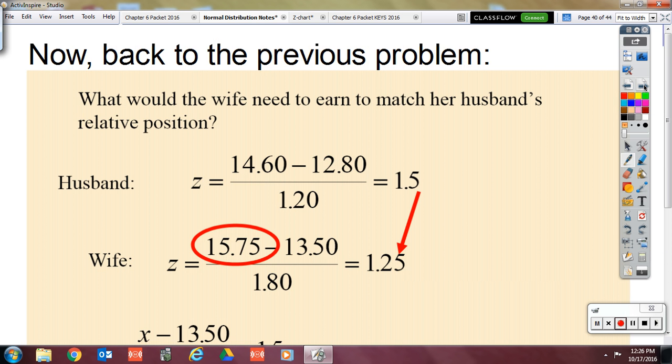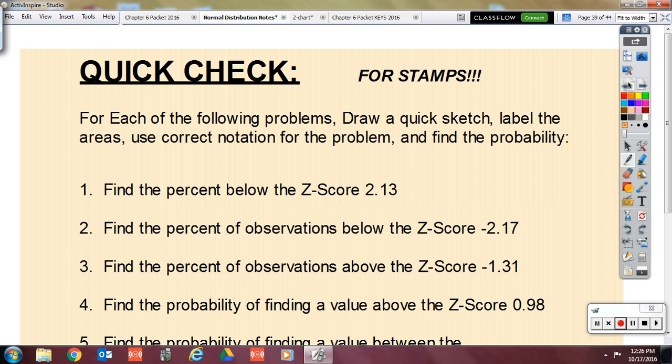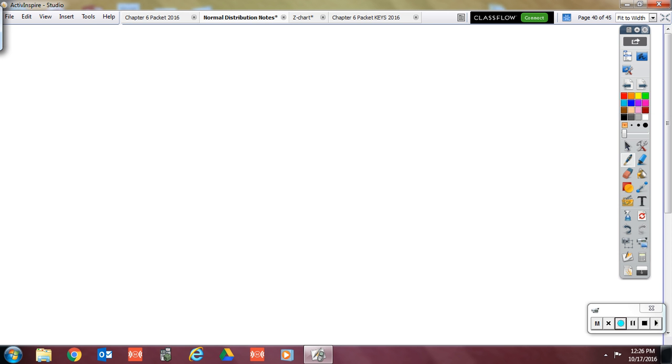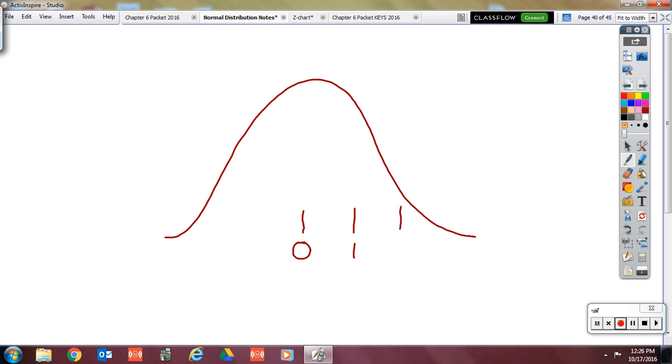So the first question says, find the percent below the z-score of 2.13. So here's what that looks like. So you all have got a normal model on the next page. Let me find where it says number 1. So let's label, our z-score of 0 is in the middle, and then we got 1, 2, 3, and so on.